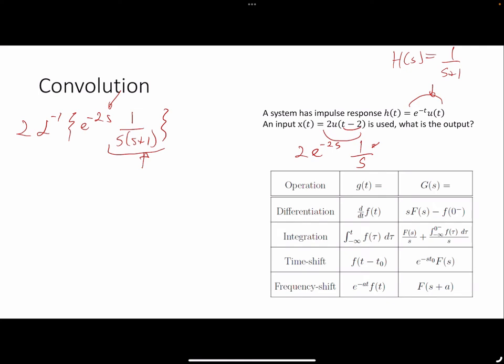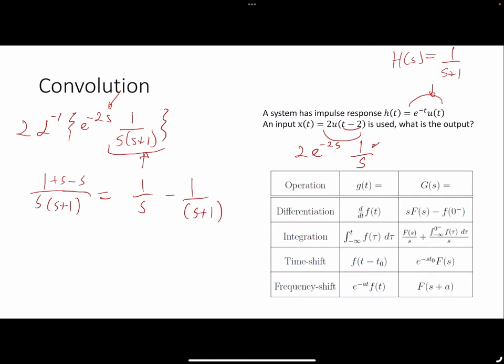This is fairly straightforward to do partial fractions, so I'm just going to add s and subtract s in the numerator. So I get 1 over s times s plus 1, which of course is just 1 over s minus 1 over s plus 1.